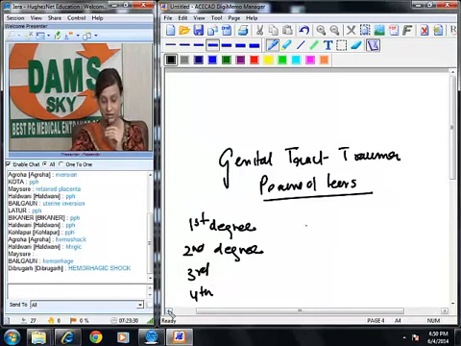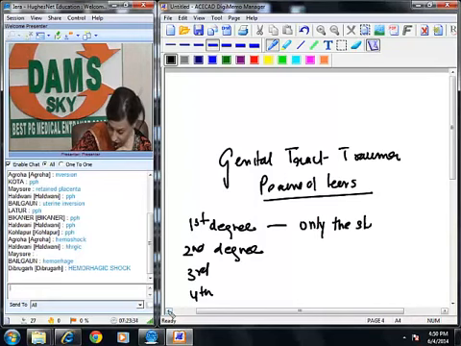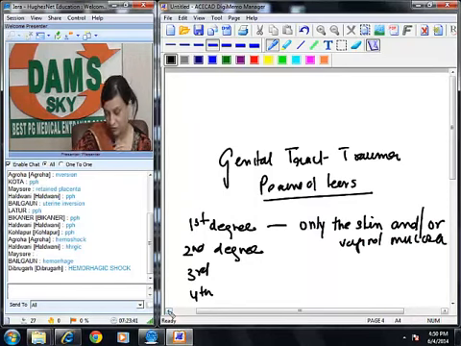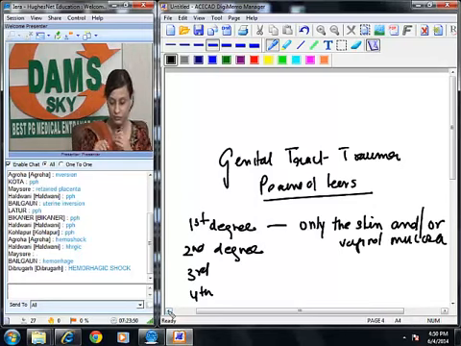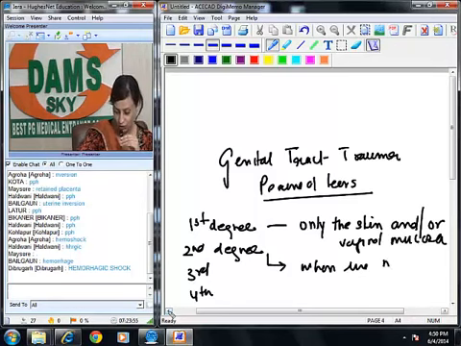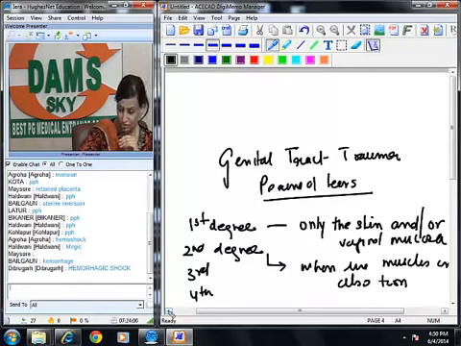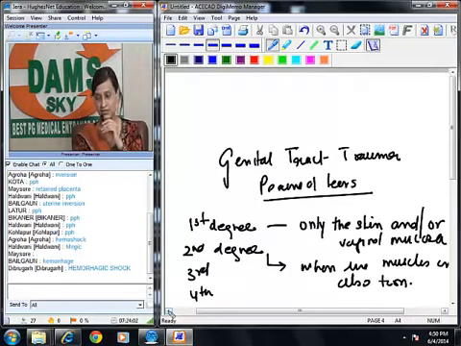A first degree tear is one which involves only the skin and or vaginal mucosa, right? So a first degree tear is which either involves only the skin and or the vaginal mucosa. A second degree tear is when the perineal muscles are torn. So when the muscles are also torn, it is a second degree tear.